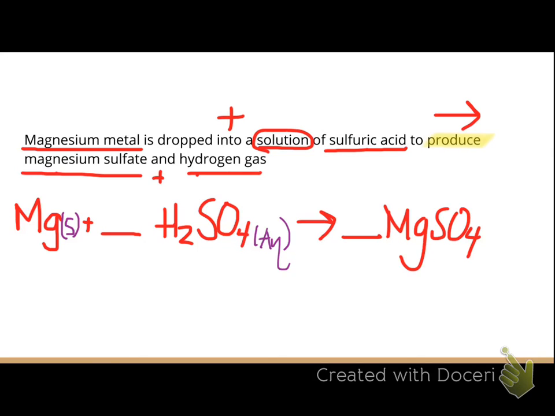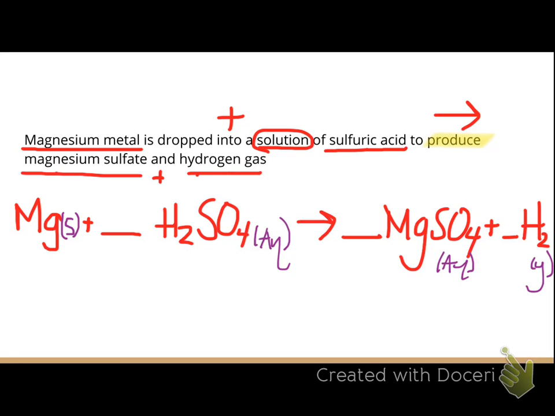Magnesium sulfate is also aqueous. I should have included that in there. That's a solution. And we're adding that to hydrogen gas. Remember, hydrogen is a Hofbrickel, so we need 2 of those. And that is a gas.